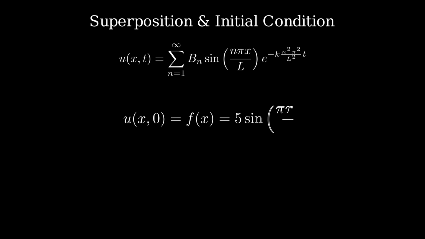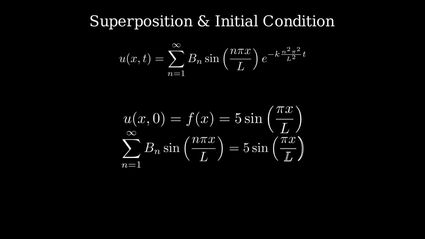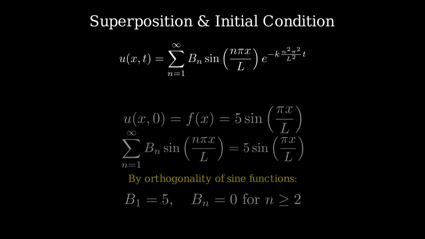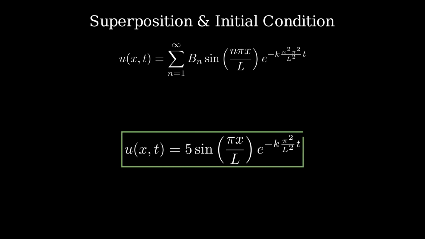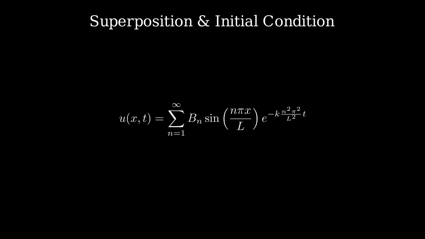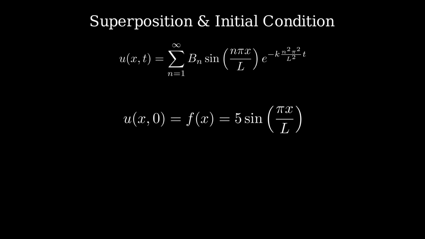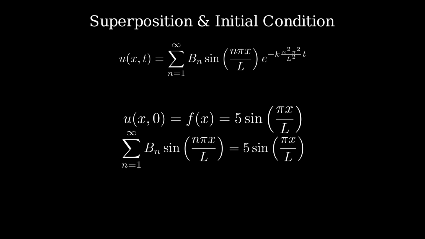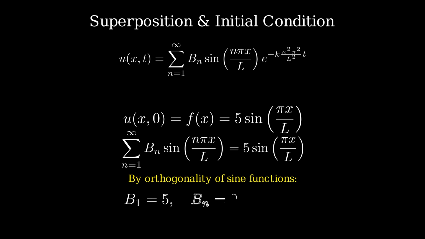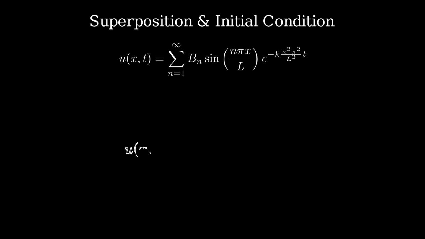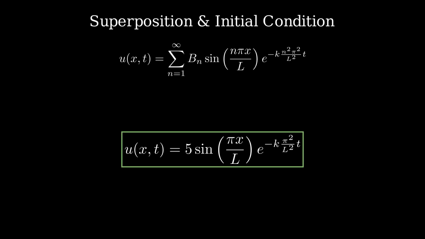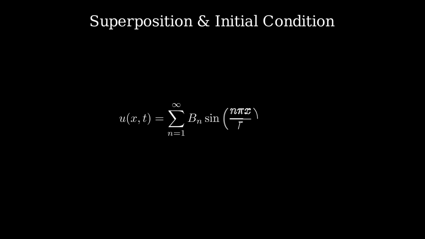At t equals 0, u of x, 0 equals f of x equals 5 sine pi x over L. This gives us the sum of b sub n times sine n pi x over L equals 5 sine pi x over L. Since sine functions with different frequencies are orthogonal, we can immediately see that b sub 1 equals 5 and all other b sub n equal 0.